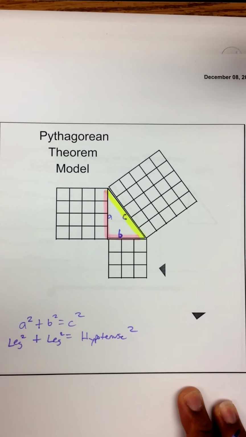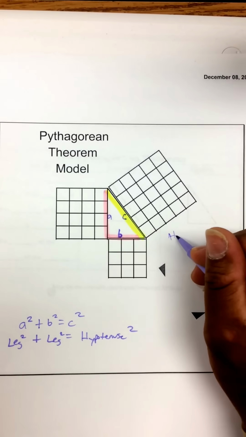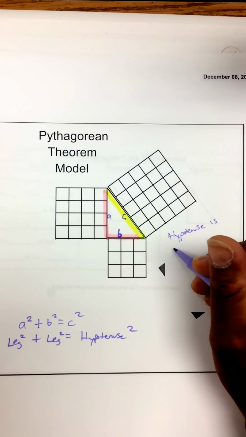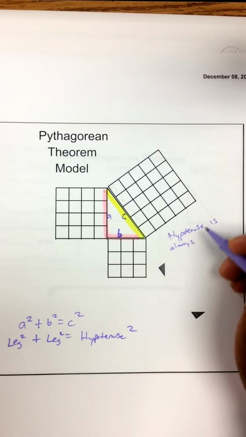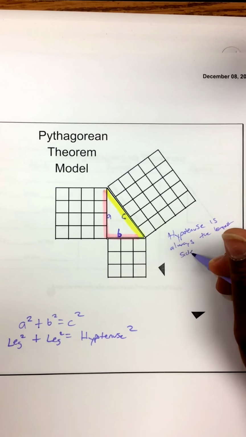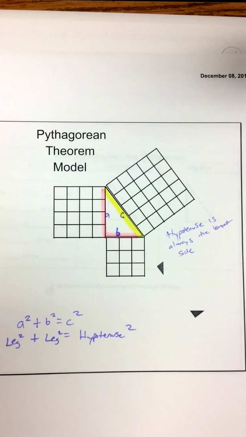All right. The key thing I want you to remember is the hypotenuse is always the longest side. Really important to remember that. It's always the longest side.